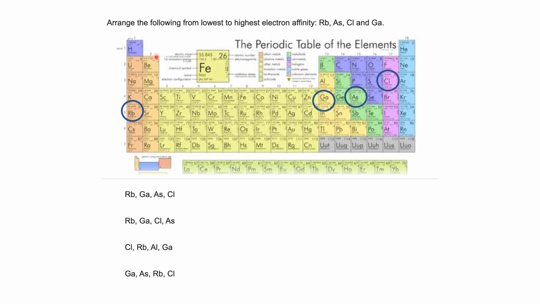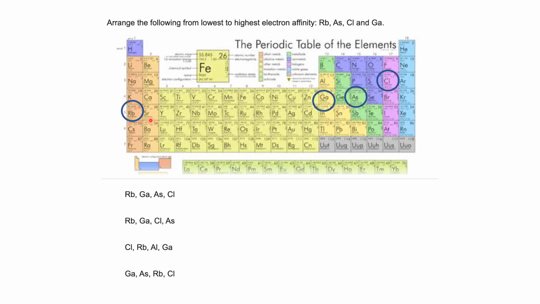We talked about how electron affinity is going to be increasing from left to right, because electron affinity is highest in the nonmetals area, so basically here it's going to be highest. Just by looking at where those elements are located, we can start understanding what type of physical and chemical properties they're going to have.